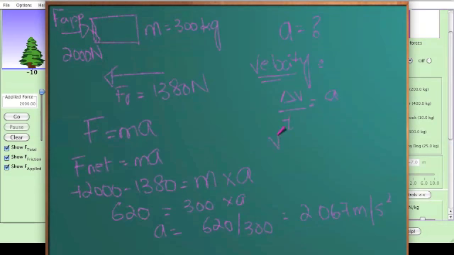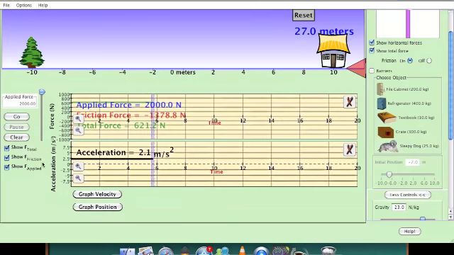So this would become V minus U divided by T equals A. U is 0 because it's starting from rest, T is 10, and A is 2.1 meters per second square, rounded off. So V is equal to 2.1 times 10. So the velocity would be 21 meters per second at 10 seconds.